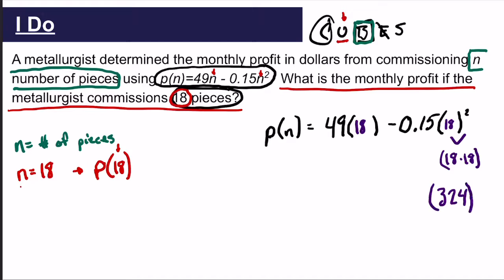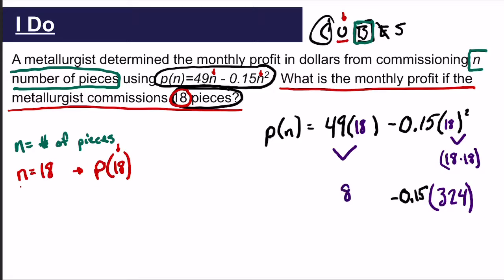Now that we have that, I'm going to rewrite my function. It is going to be a lot of writing, but it's going to be easier to see. I'm going to solve for this part first because we're still doing order of operations, so I'm going to do it from left to right. 49 times 18 is 882.